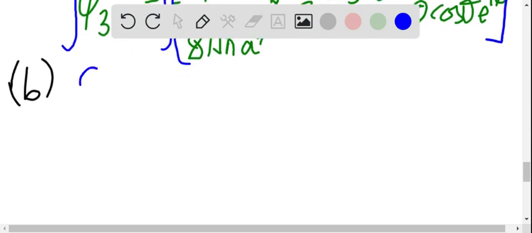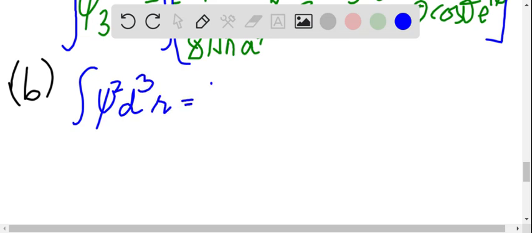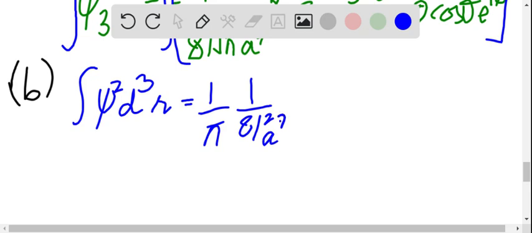So we would have psi square d cube r is equal to 1 over pi, 1 over 81 square a raised to power 7. Because it's constant, we can write it outside.